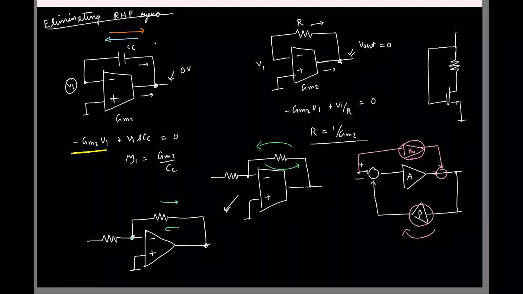But if you use a voltage controlled voltage source, if this is at some Vx, what can you say about this voltage if the gain is A? Minus A times Vx. So the output voltage will be fixed to this minus A Vx irrespective of the current that the resistor conducts in this direction. Okay, this voltage is fixed, so it doesn't matter what current the resistor is conducting in the direction, and being an ideal voltage source, this can sink or provide any amount of current, so no problem.